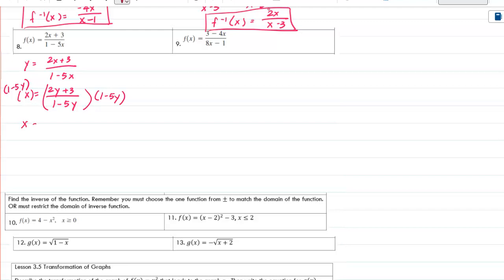Distribute the x. Gather the y's on one side, everything else goes to the other side. Factor out the y.